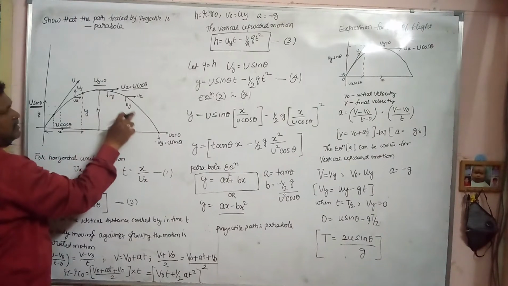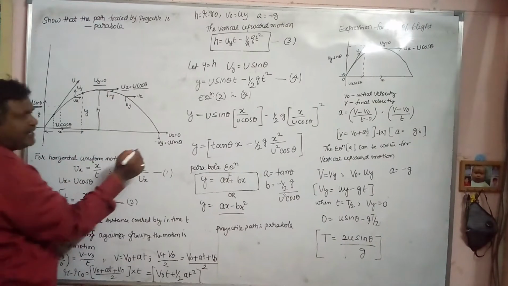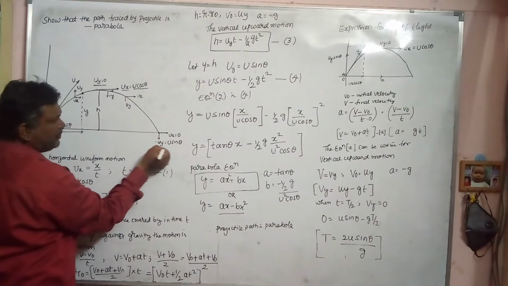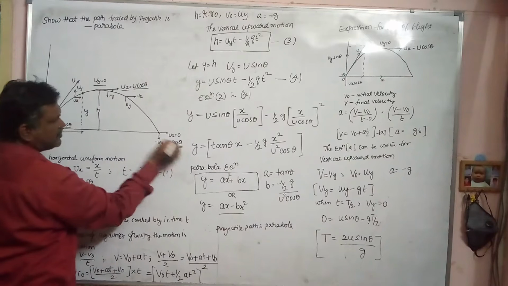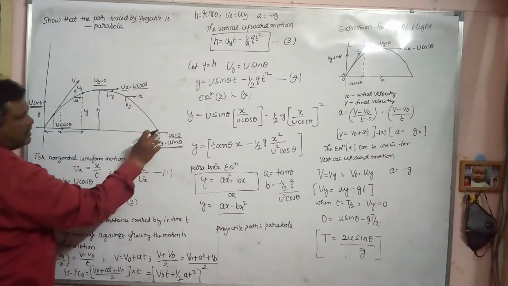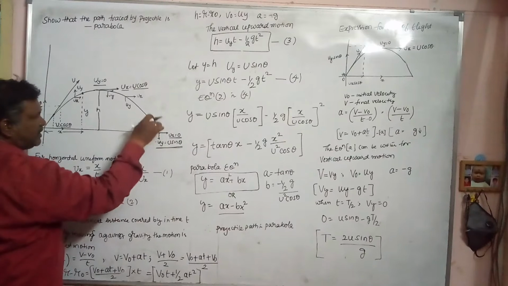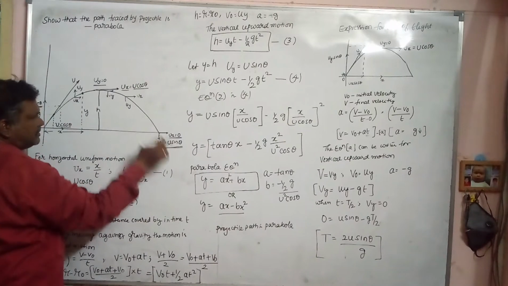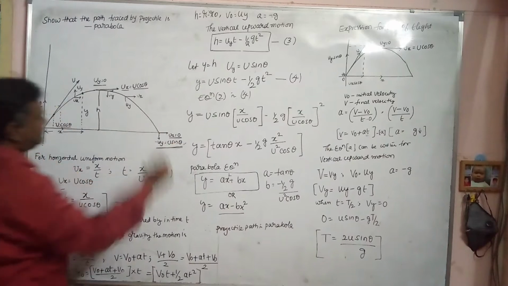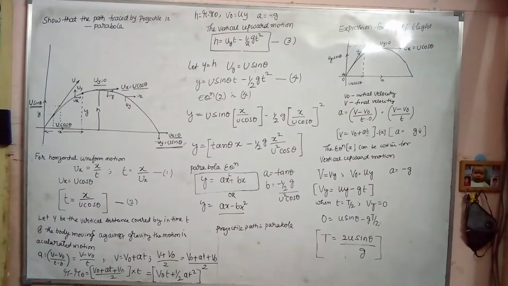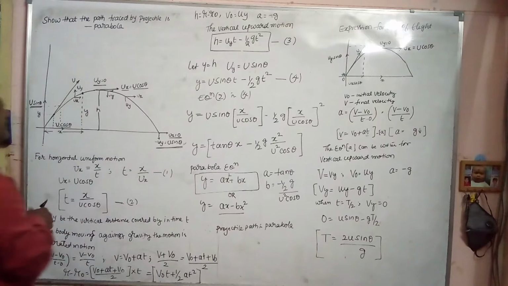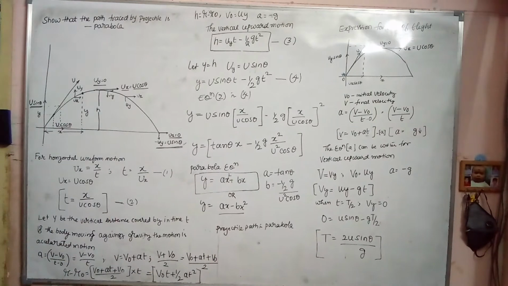And finally when it reaches here, uy becomes u sin theta, but ux becomes 0. It will not go further here, but it will come and drop here. So minus uy is equal to u sin theta. This much of the concepts you are supposed to know in projectile.